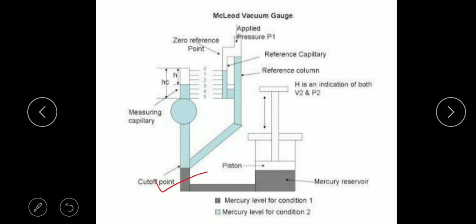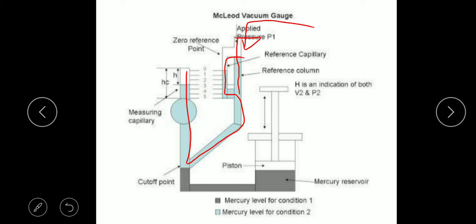Now our aim is to find out the vacuum or the low pressure. How can we measure the low pressure? The simple thing is we need to apply the unknown pressure at the top of the reference capillary. Now what will happen? The unknown pressure will enter into this tube, and the whole pressure will cover the area which is vacant.